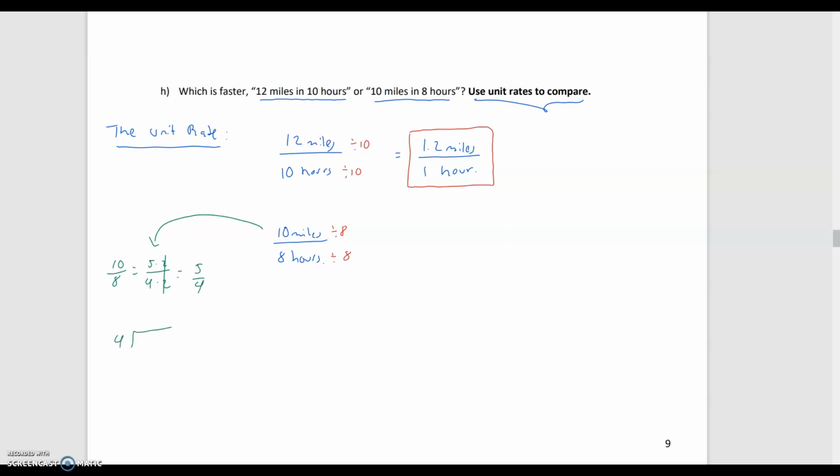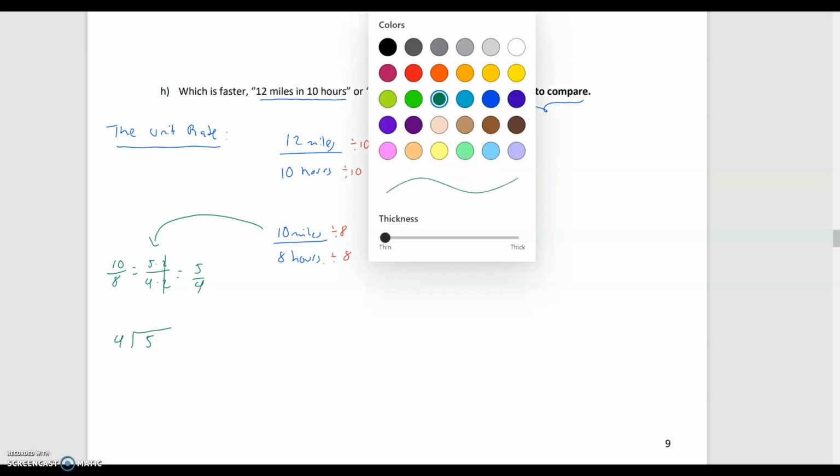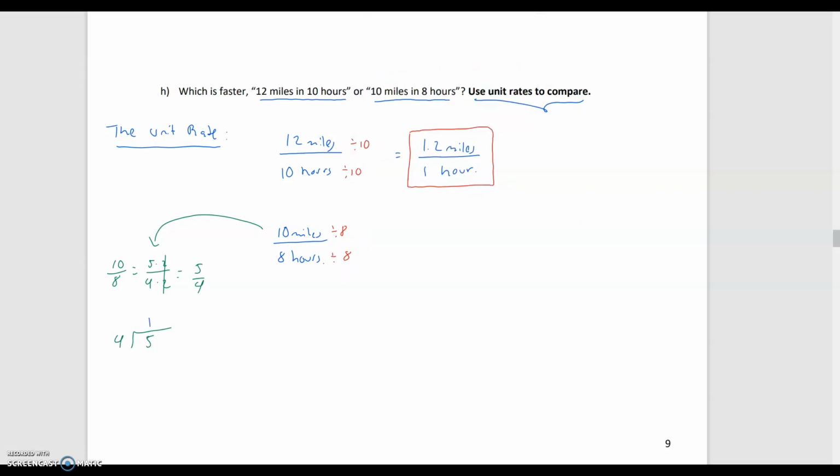So 5 divided by 4, it fits 1. That's going to be a 4 subtraction, and then we have a 1 going into the decimals. That's going to be a 0. Definitely 2, that would be 8, and then you carry a 2 and then a 5. So 5 times 4 is equal to 20 with a remainder of 0.